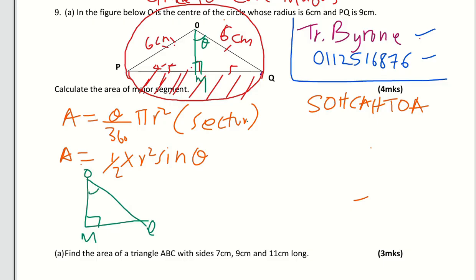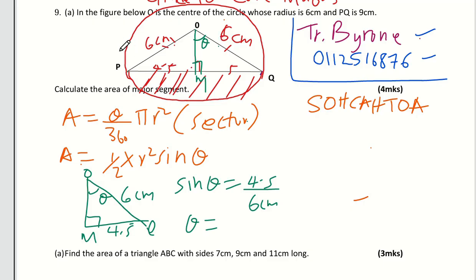So we want to find theta. Here is 6 centimeter, and there you have 4.5 centimeter, because if you drop a perpendicular, PQ was 9, so half of it becomes 4.5. So sine of theta is equal to opposite, which is 4.5, all over hypotenuse, which is 6 centimeter. So theta will be sine inverse of 4.5 divided by 6, which is 0.75.